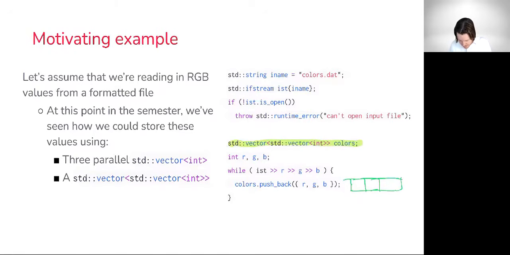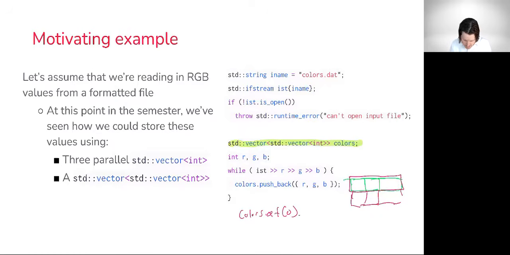The second read would push back an additional vector, and we can see here that a two-dimensional vector is indeed forming. We could then access the various color components by writing something like colors.at(0) to get the first color that we read.